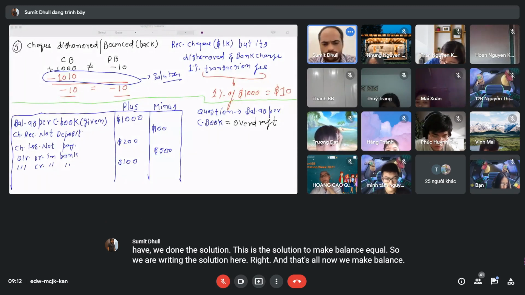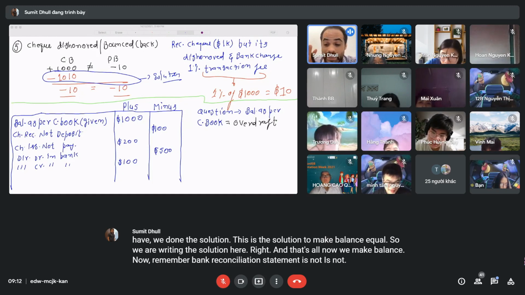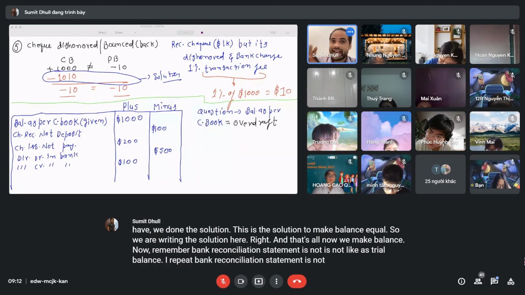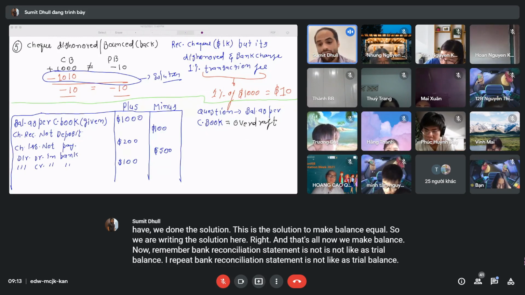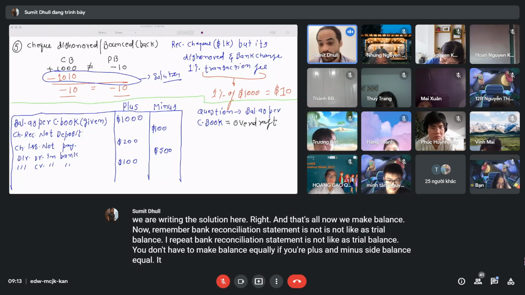Now remember, bank reconciliation statement is not like a trial balance. I repeat, bank reconciliation statement is not like a trial balance. You don't have to make the balance equal. If your plus and minus sides balance, it doesn't mean that your answer is correct. No, it's not like this.